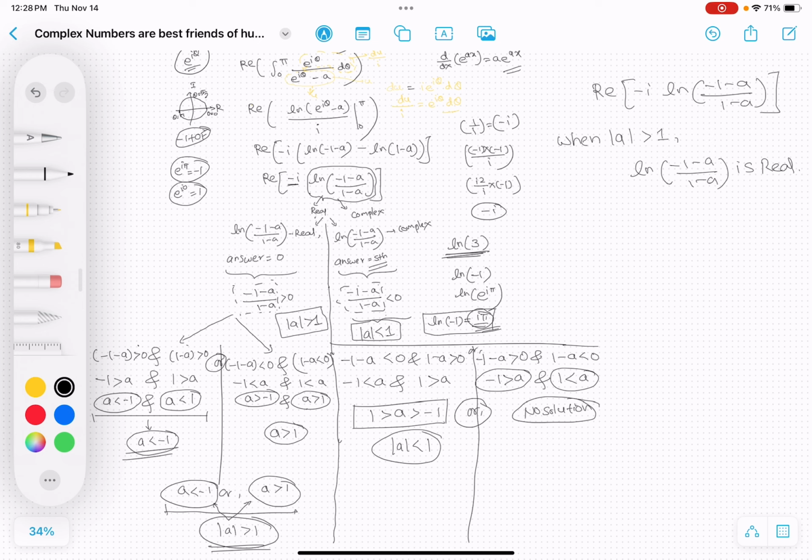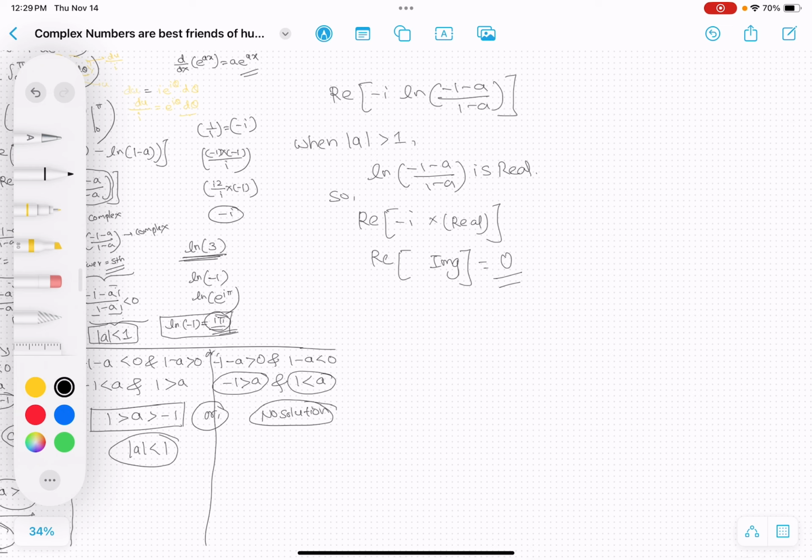So the real part of minus i times that, I can just write this as some x plus 0i. There's no imaginary part, right? Or you can just say that this is just some real number. Now minus i times real becomes some imaginary number. The real part of an imaginary number is just 0, right? So this is the answer for the first case.